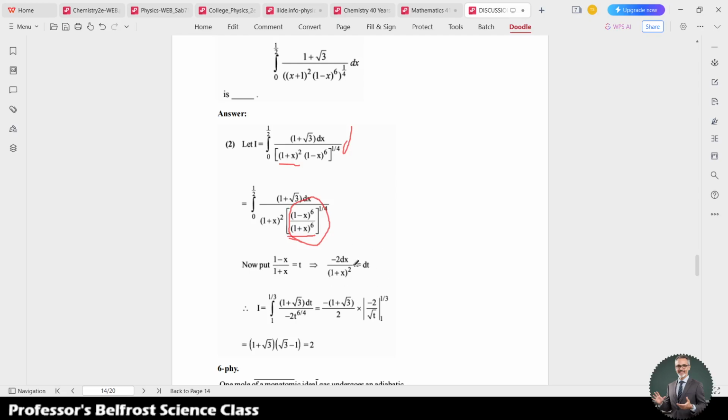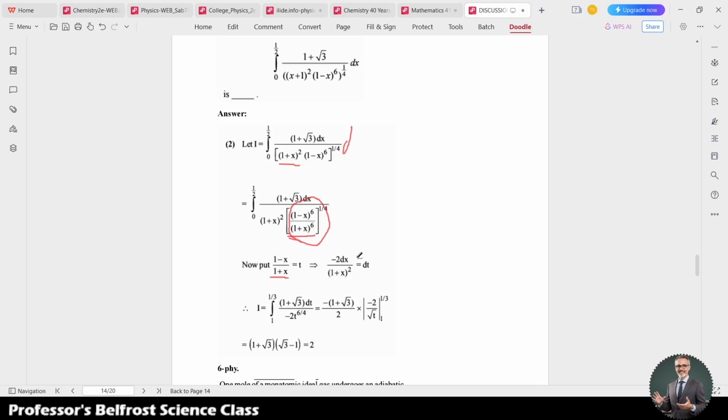Then if we take a derivative on both sides, it becomes dt. This becomes squared, and the minus stays minus here, and this 2 here. So minus 2 dx by 1 plus x squared equals dt.